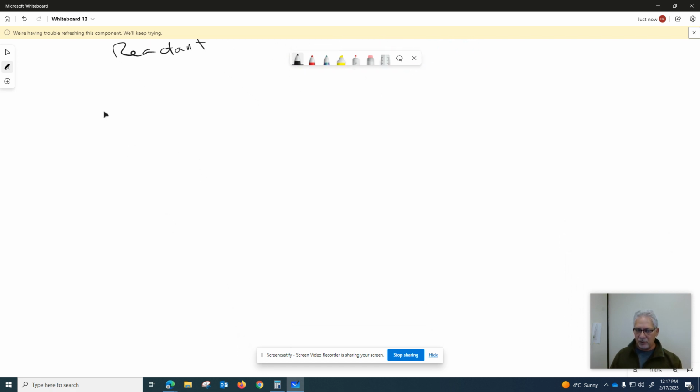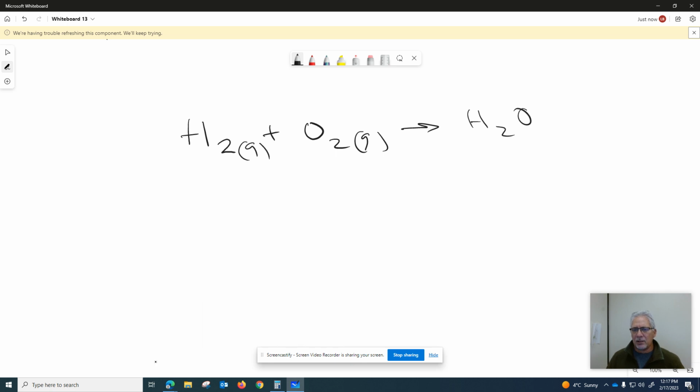Again, I'm going to use water, which is the easier one, and I'm going to use mole. Hydrogen plus oxygen gas producing water, and that will be liquid water.